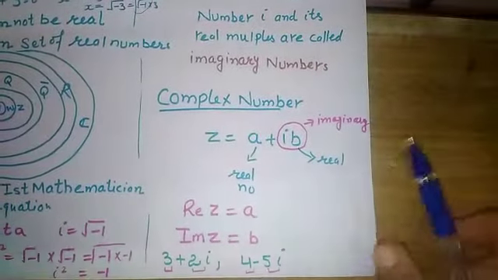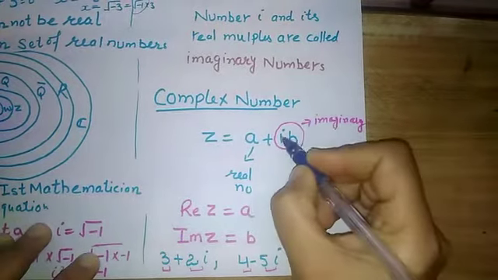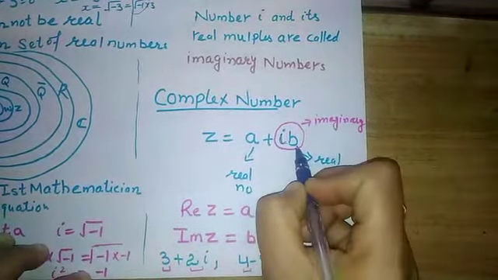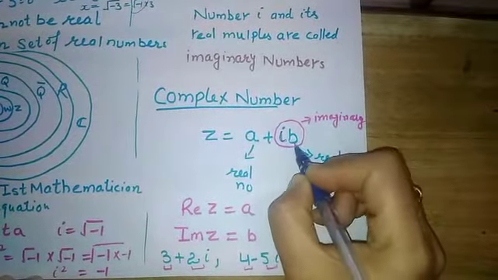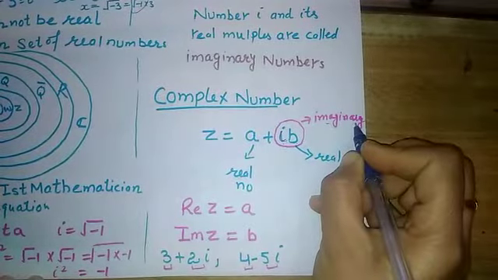A complex number is a mixture of a real number and an imaginary number. I have written the iota here. A and B are themselves real numbers, but when I write B along with iota, it becomes an imaginary number.